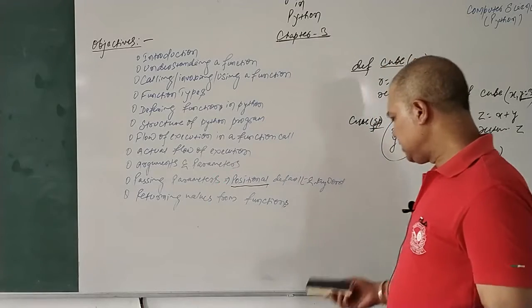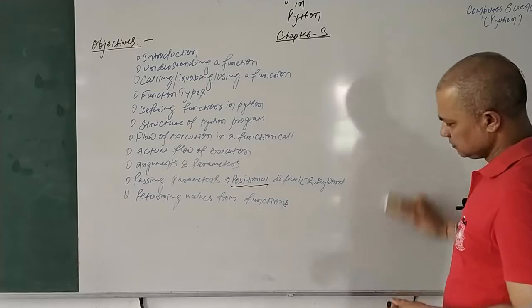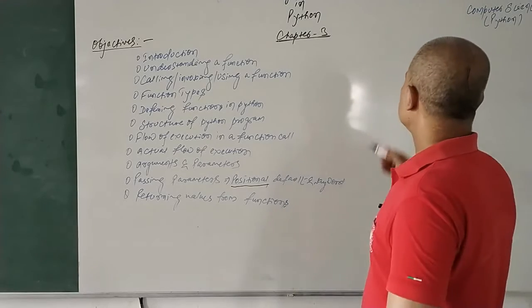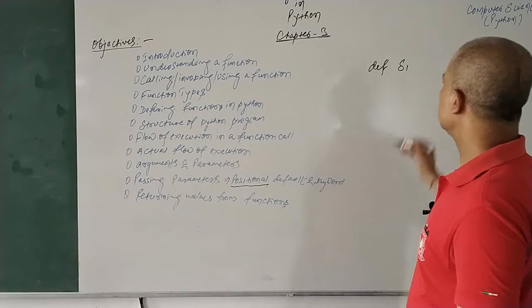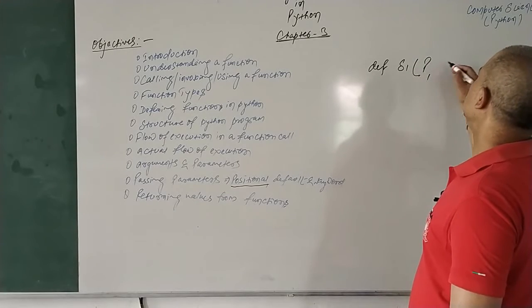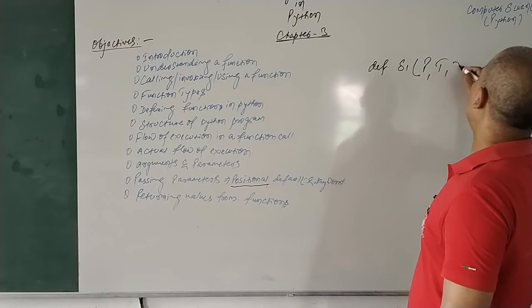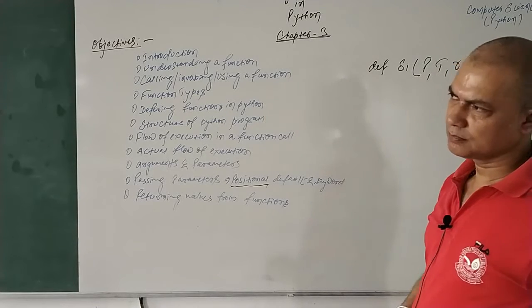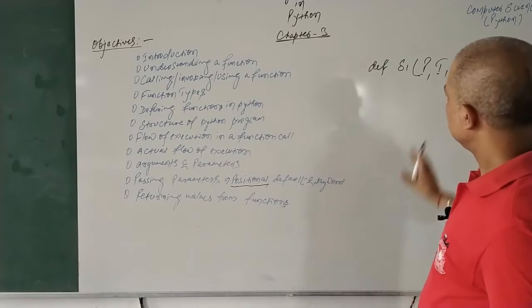Now in the case of keyword, let's see. Suppose I am writing a function, define SI, simple interest, and inside the bracket I have P, then T, and then R: PTR. Principal, time and rate.